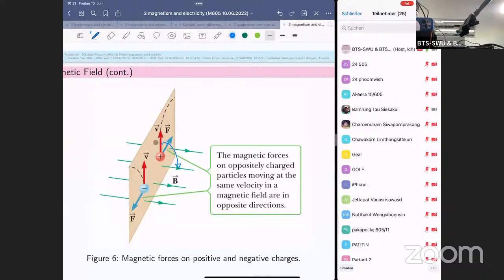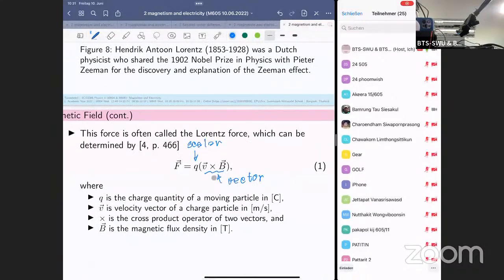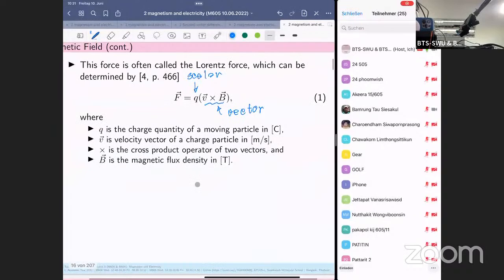You curl your 4 fingers in this scenario, and the force will be directed the opposite way, and that's the result only for the negative charge. This is due to this expression, because when Q is negative, the vector will be directed the opposite way. That's the fundamental background.